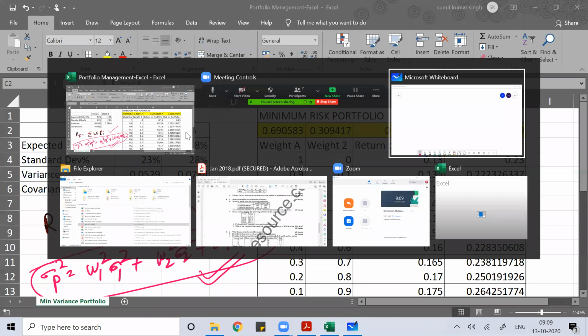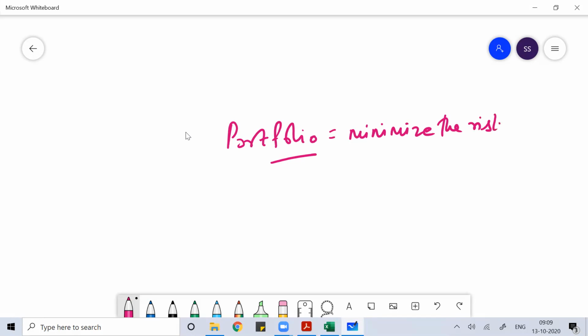Whenever we create a portfolio, the purpose is to minimize the risk on the investment. The objective we have is to minimize our unsystematic risk.